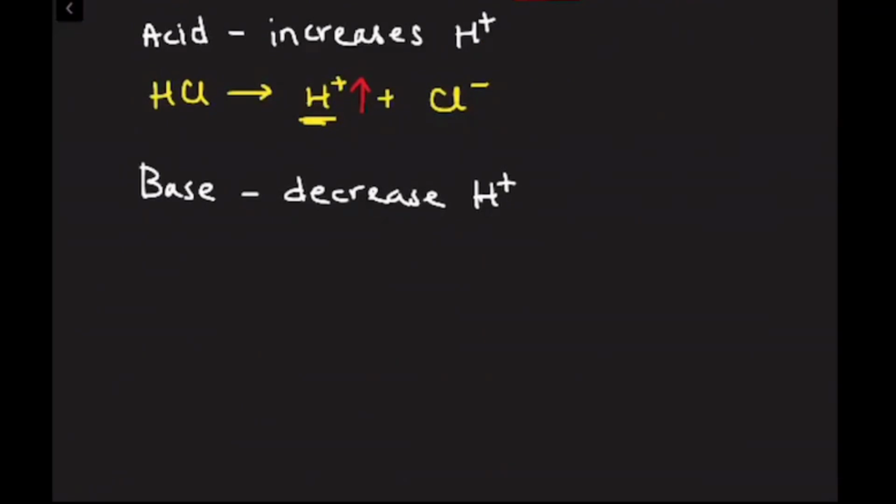Bases, on the other hand, are substances that reduce the H plus ion concentration in a solution. They can do this in two ways. The first way is a direct way. All they do is basically accept H plus ions to form new compounds.